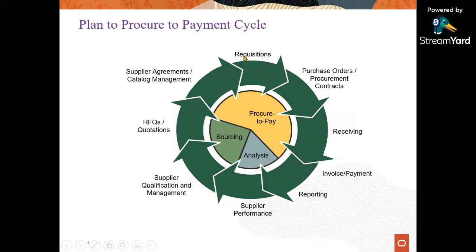If you wonder where do we start, I'm going to pick this particular top part, which is requisition. Requisition is nothing but a demand in a specific place where there is a need to purchase something. It could be any service, or any raw material, or any asset, or anything which there is a need for in a place.